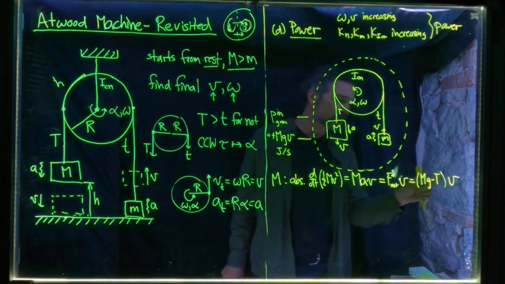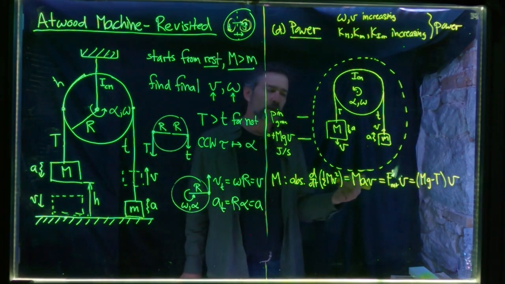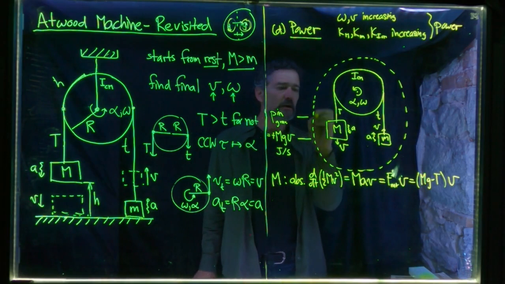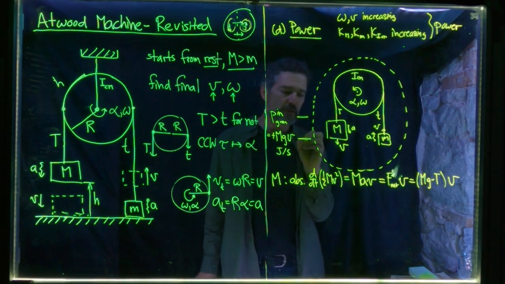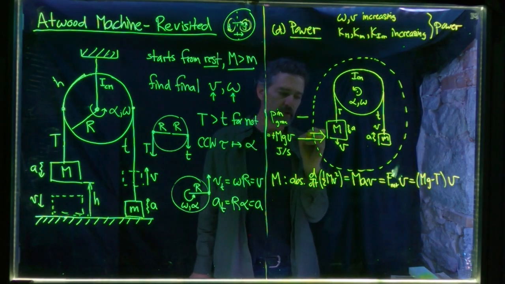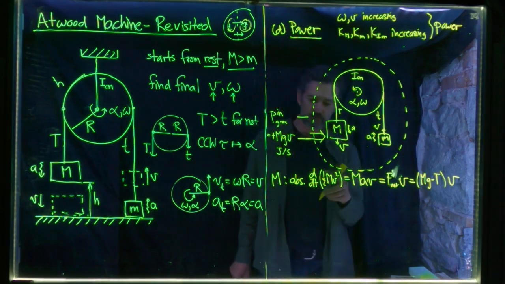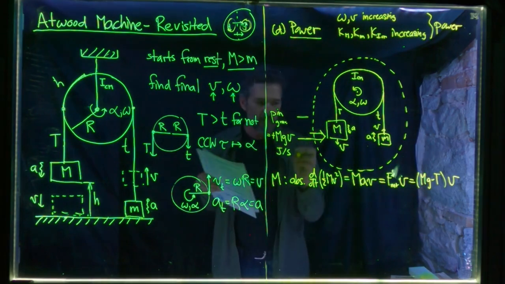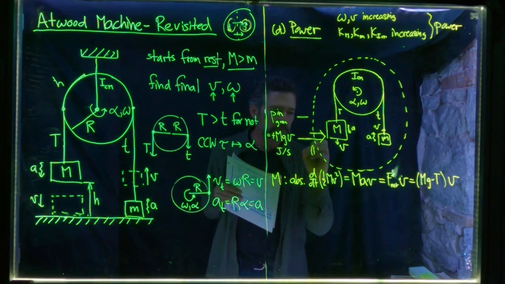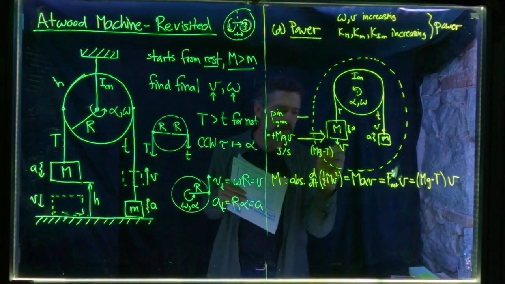There's a minus Tv that it is not absorbing. And so that Tv goes up the rope, is transferred up the rope. So the amount of power that goes into big M is (mg minus T) times v.